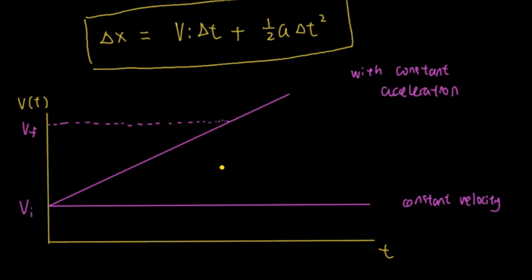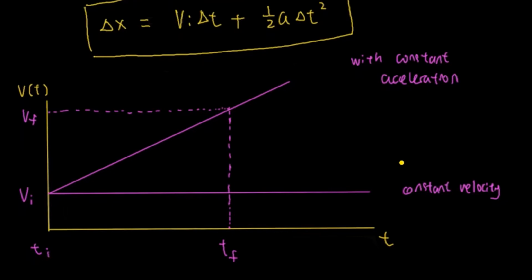Because you have constant acceleration, final velocity will be different from initial velocity. And of course, at the beginning, this is the time axis, so this must be t initial. And when you reach the final velocity, this point here must be t final.